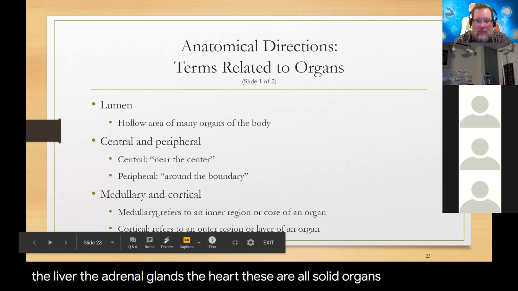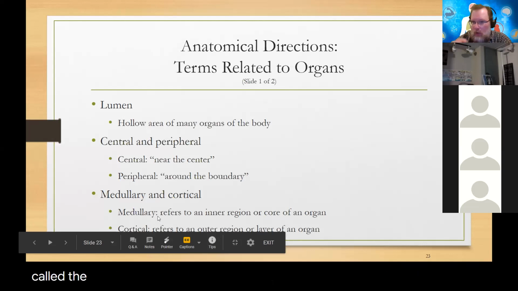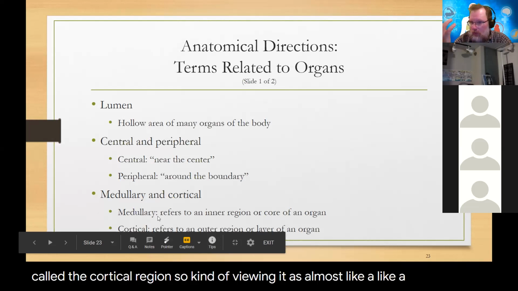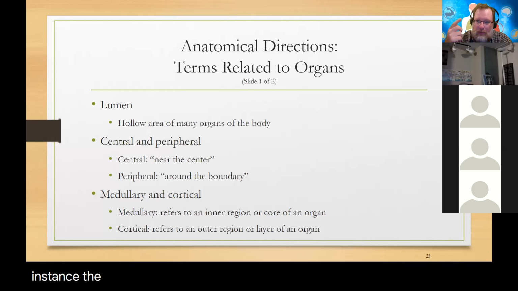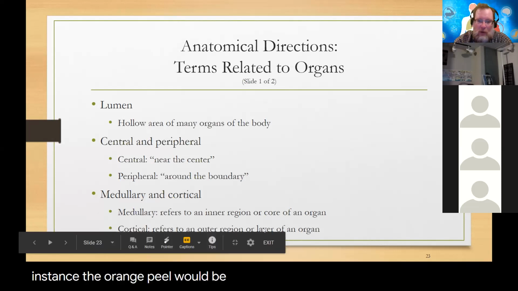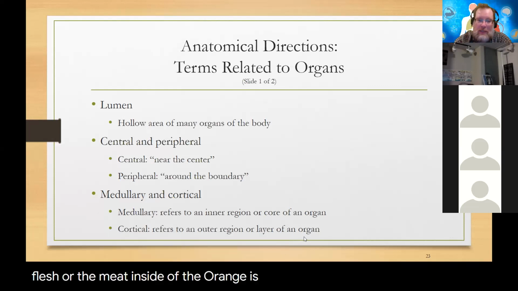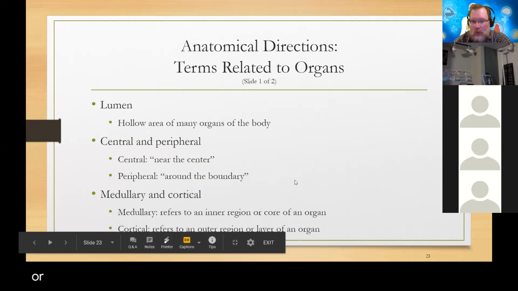Okay. The outer layer is called the cortical region. So kind of viewing it as almost like an orange, for instance. The orange peel would be the outer layer of the organ, whereas the flesh or the meat inside of the orange is going to be considered the medullary, or the medulla portion of the organ.